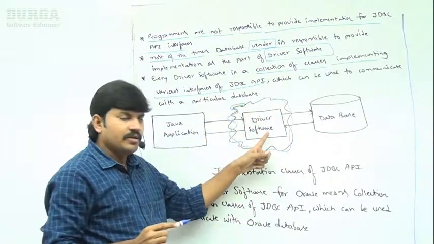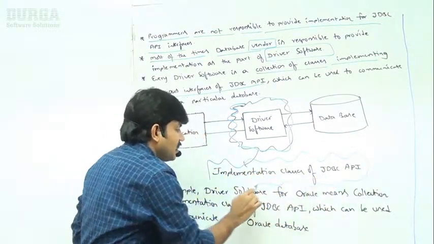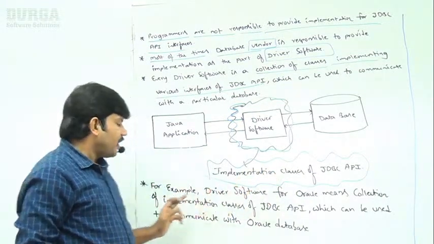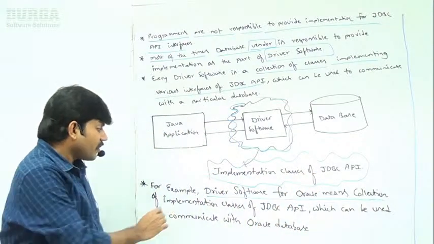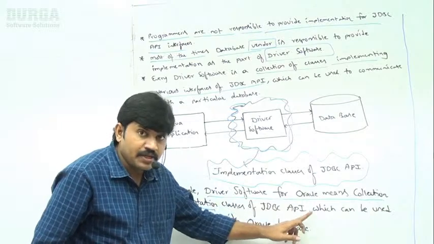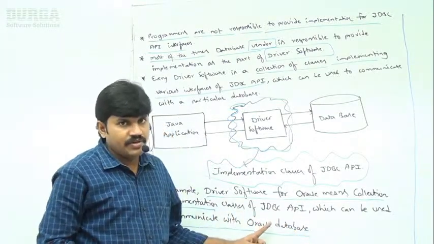Driver software. Okay? Driver software is implementation classes of JDBC API. For example, driver software for Oracle means a collection of implementation classes of JDBC API, which can be used to communicate with the Oracle database.